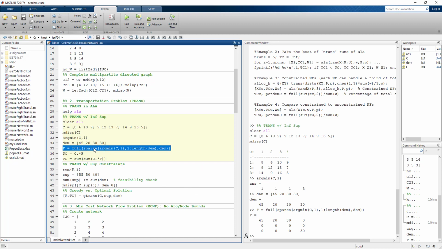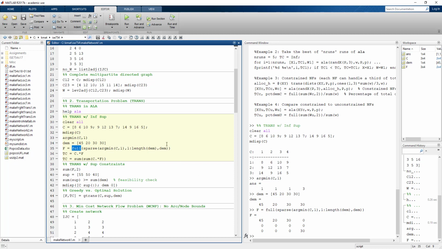So the way I'm doing that is I'm using the sparse function, and then I'm using the argmin to get my allocations to indicate what row the flow is going to appear in, and then I'm going to have the flows in all of the columns, so 1 to the length of the demand vector, and then the amount that's going to be flowed is just the demand. And all of that then is originally a sparse matrix, so I'm converting it into a full matrix and assigning it to the matrix F, which is a 3x4 matrix.